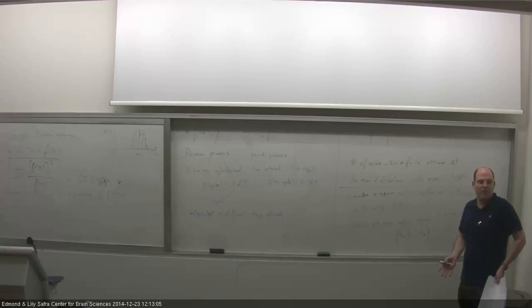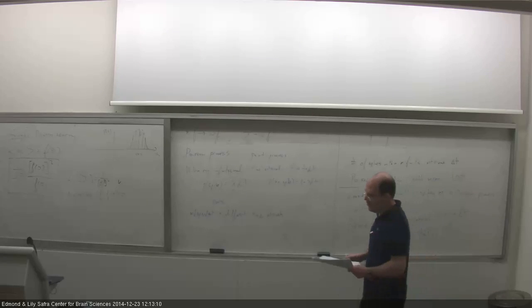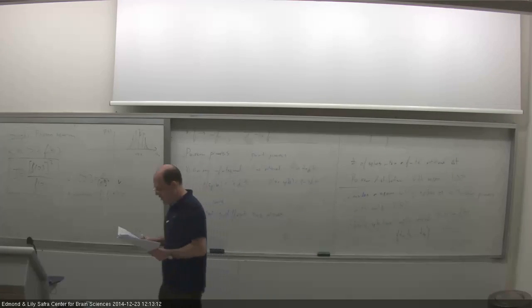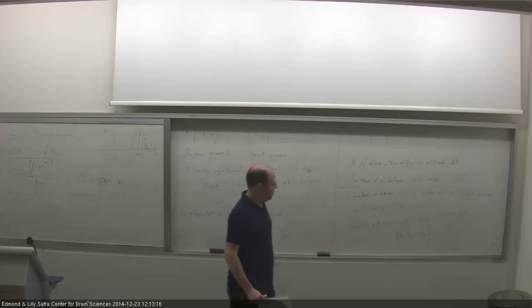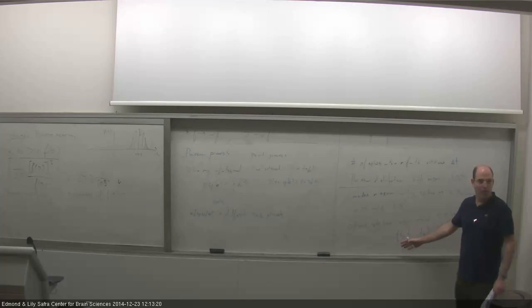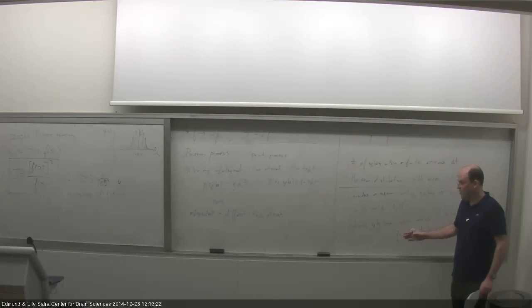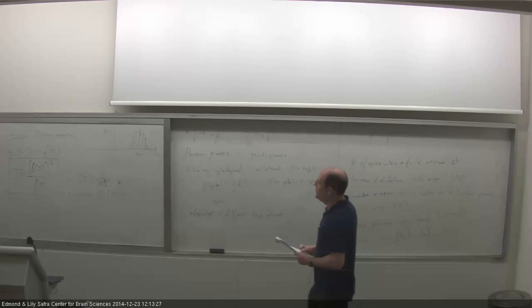But in any instantiation, I will tell you what was the timing of all the spikes emitted by this neuron. And my question is, what is the Fisher information in this random variable, in this random process? What is the Fisher information about theta?